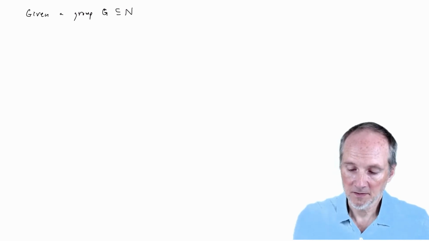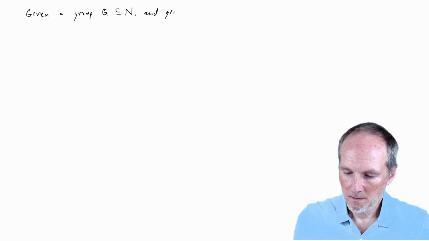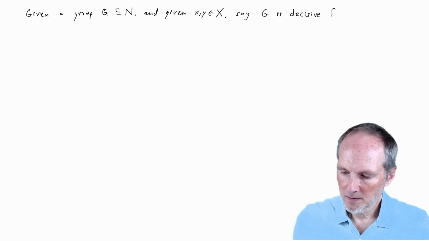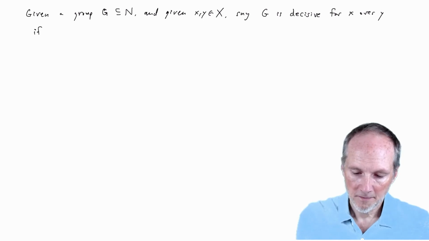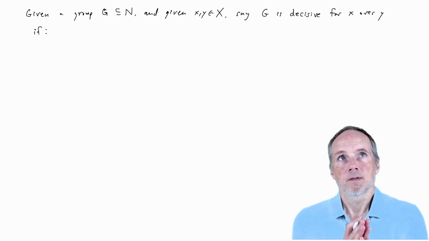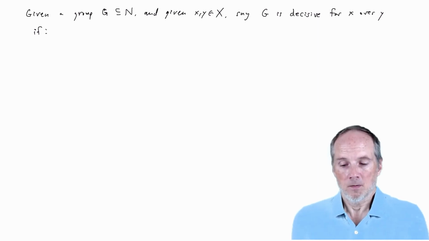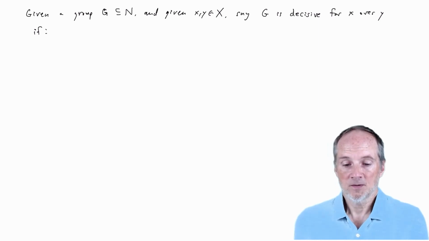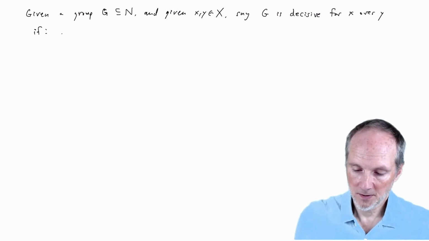So given a group and given alternatives X and Y, we're going to say that G is decisive for X over Y if the following holds. The group is decisive for X over Y if for every preference profile where the members of G prefer X to Y, then the social preference is also X preferred to Y.